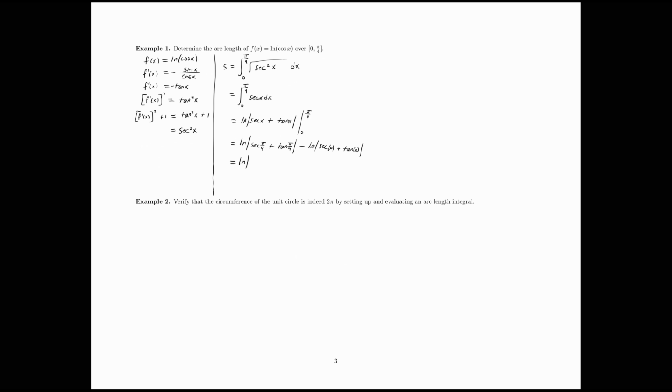So the secant of pi over 4 would be the reciprocal of whatever the cosine of pi over 4 is. So this would be 2 over root 2, plus tangent of pi over 4, which is 1, minus the natural log of secant of 0, which is 1 divided by the cosine of 0. Cosine of 0 is 1, so 1 over 1 is 1, plus the tangent of 0. Tangent of 0 is, of course, 0.